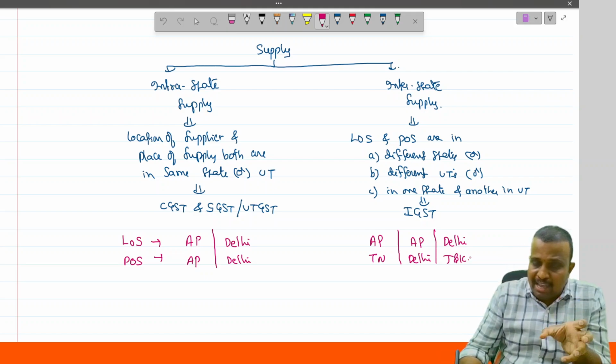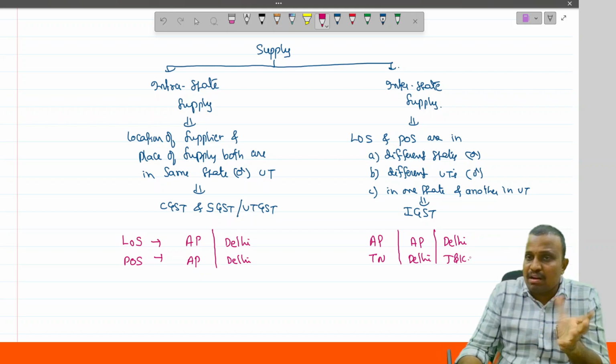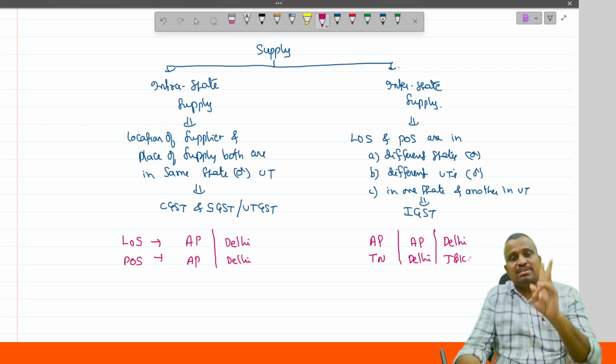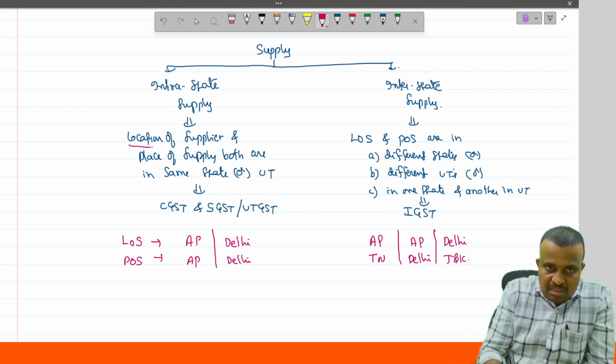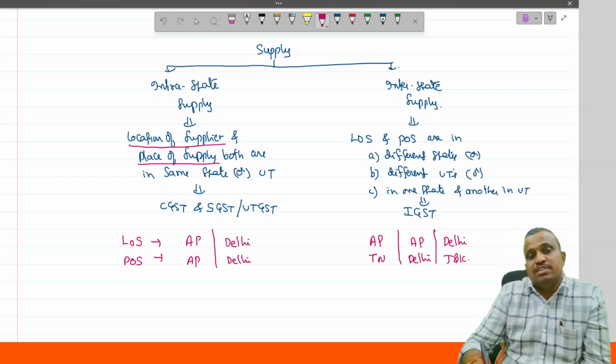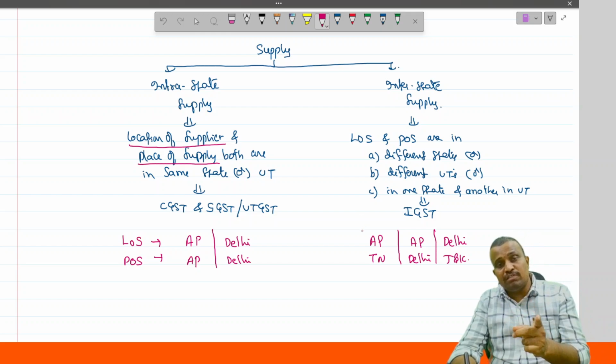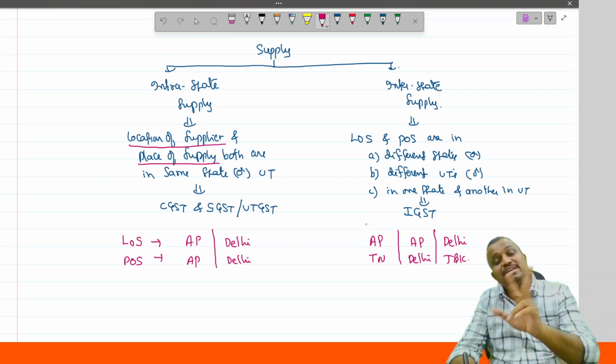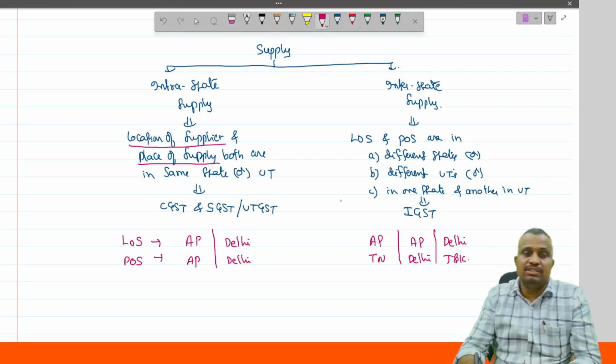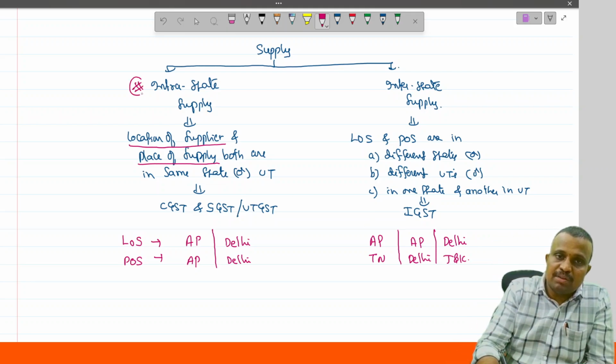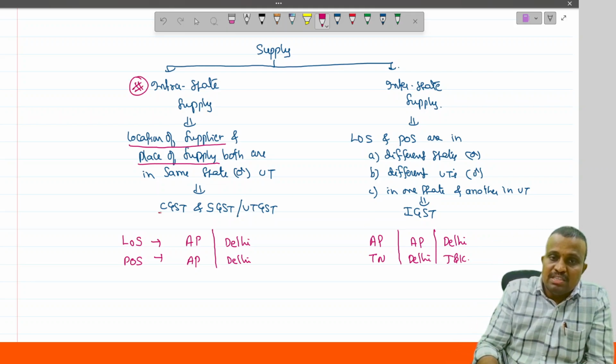So the type of the supply, either intra or inter, purely depends upon two factors: the location of the supplier and the place of supply. If both are in the same state or in the same union territory, that is covered under intra-state supply and is liable for what?